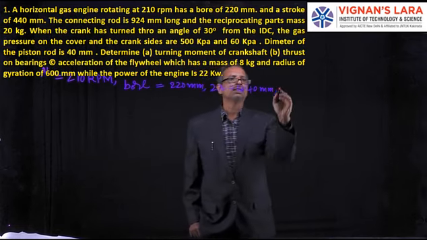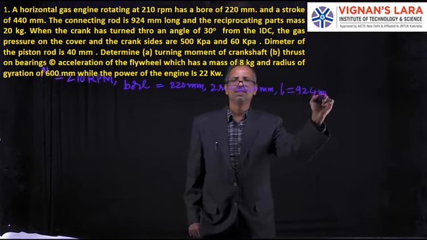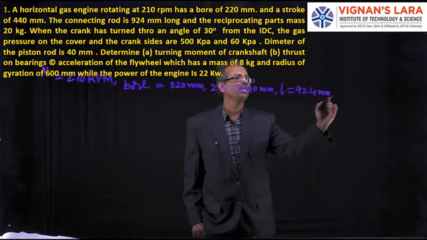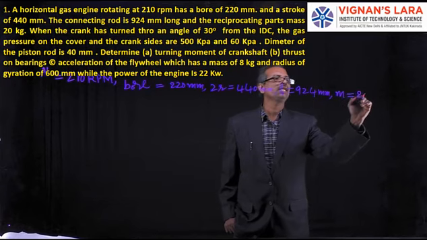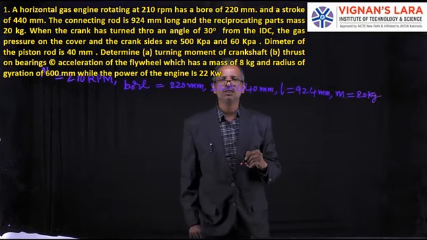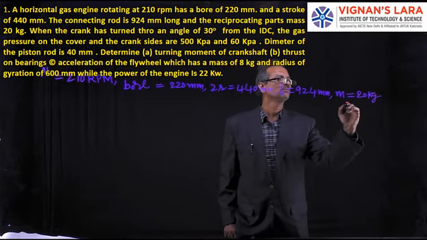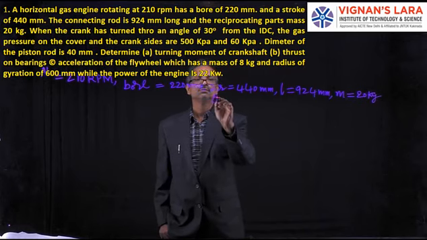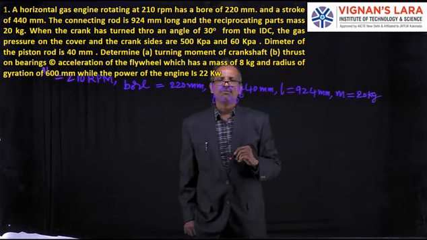Connecting rod length is 924 mm, and mass of the reciprocating parts is 20 kg, and the crank has turned through an angle of 30 degrees, that is theta is 30 degrees, from the inner dead center.